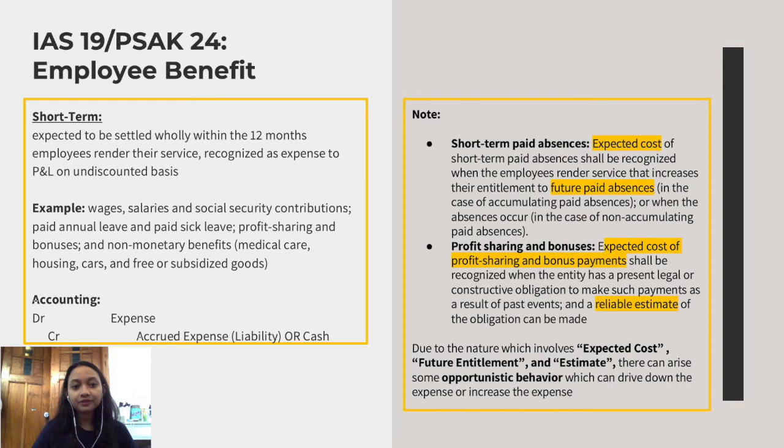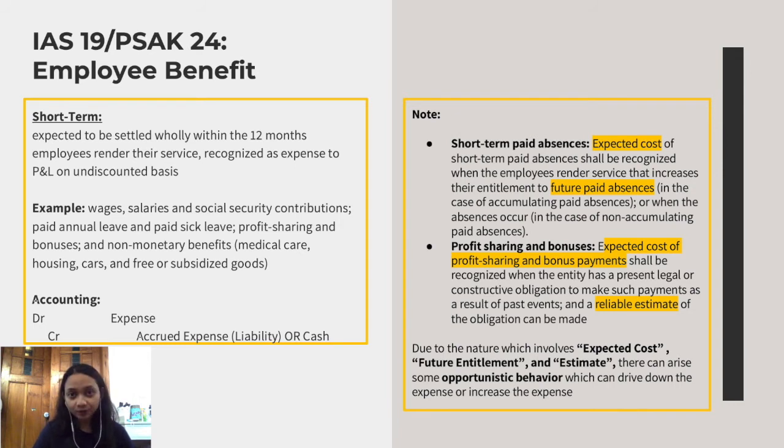The examples are wages and salaries, as well as social security contributions, paid annual leave and paid sick leave, profit sharing and bonuses, and non-monetary benefits such as medical care, housing, cars, and free or subsidized goods to current employees. The journal is debit to expense and credit to accrued expense or liability, or cash when it is paid.